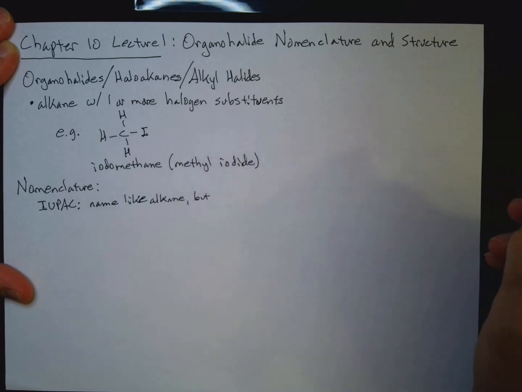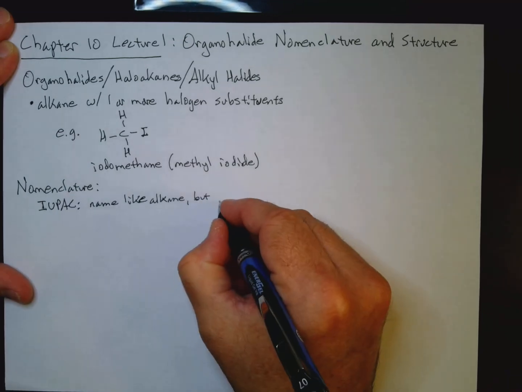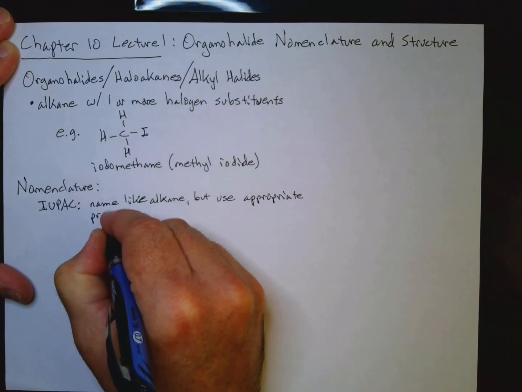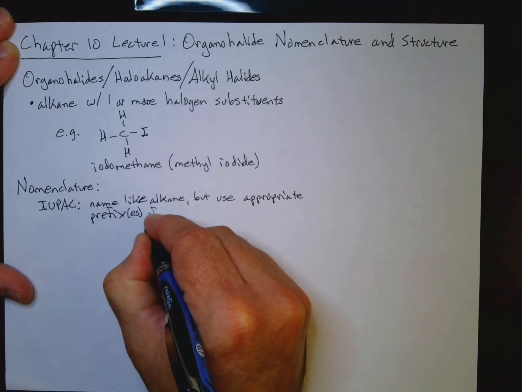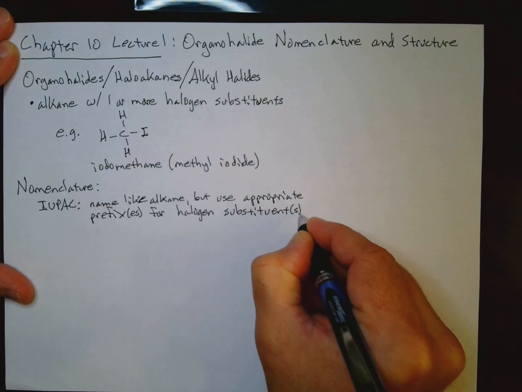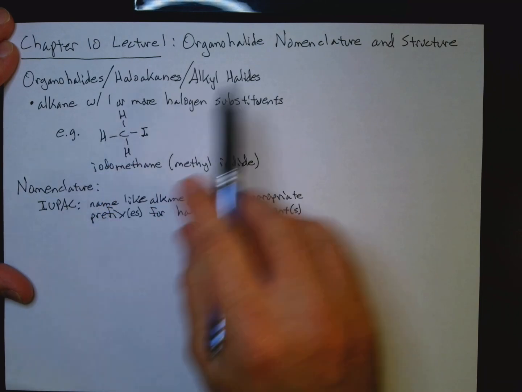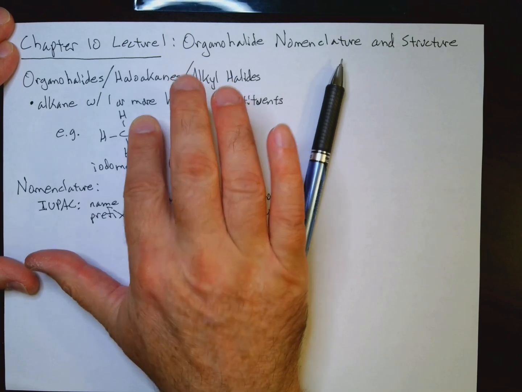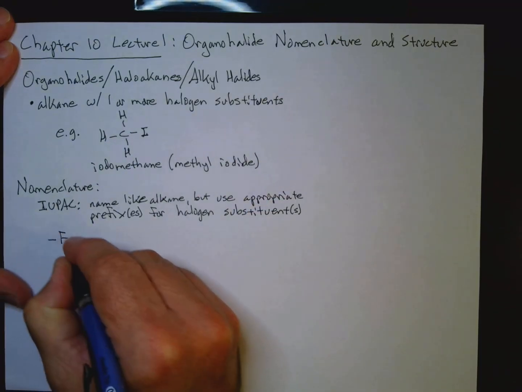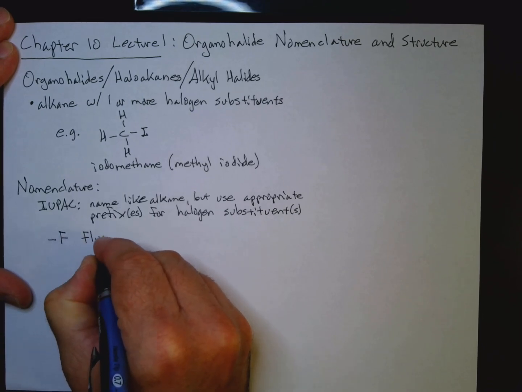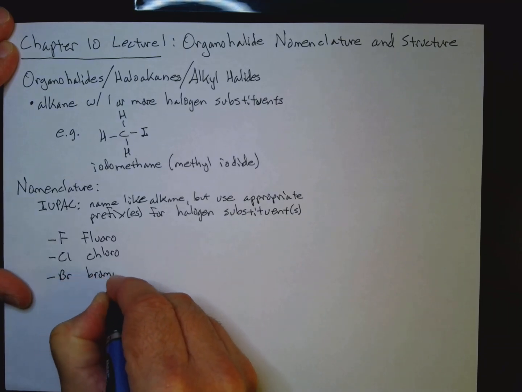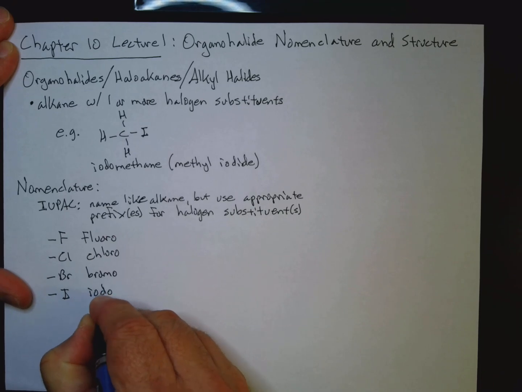But we'll use the appropriate halogen prefix for the substituent. Thus, if I cover that up and put a hydrogen there instead, that would be a methane. But I have an iodine here, so that's iodomethane. So our prefixes are fluoro for fluorine, chloro for chlorine, bromo for bromine, and iodo for iodine.